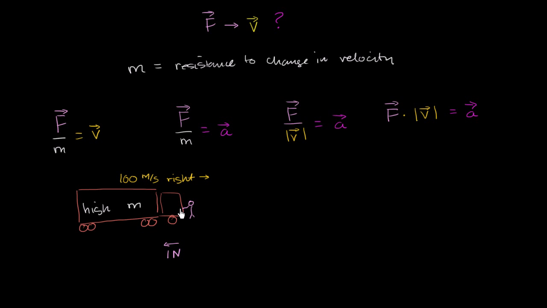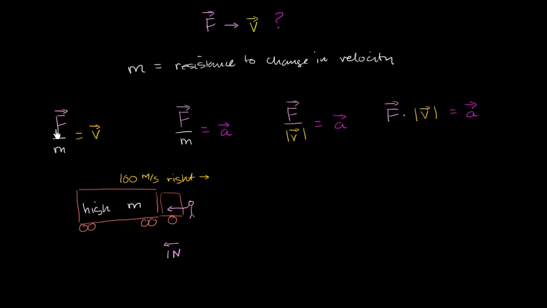So I apply this force in that direction just like that. Well, based on this theory right over here, everything will be okay. I will not be hit by the truck because I'm applying the force to the left. This formula right over here tells me that the velocity of the object that I'm applying the force to will immediately take the direction of my force.